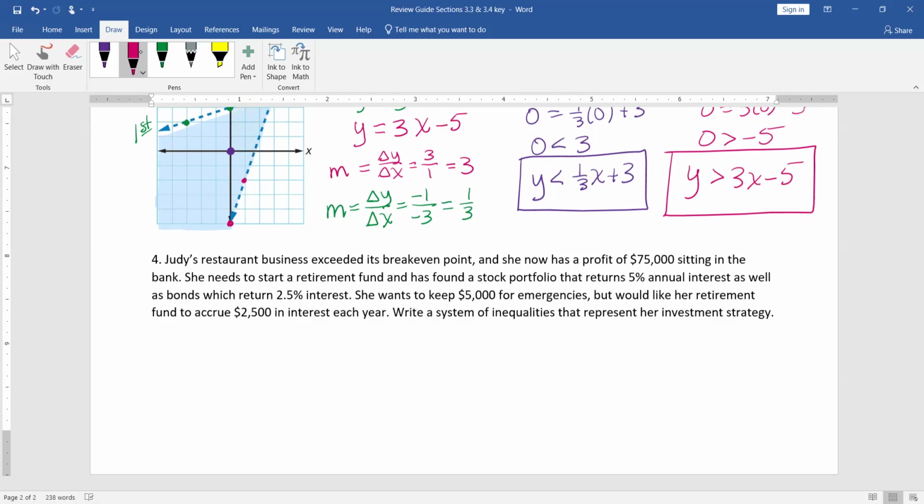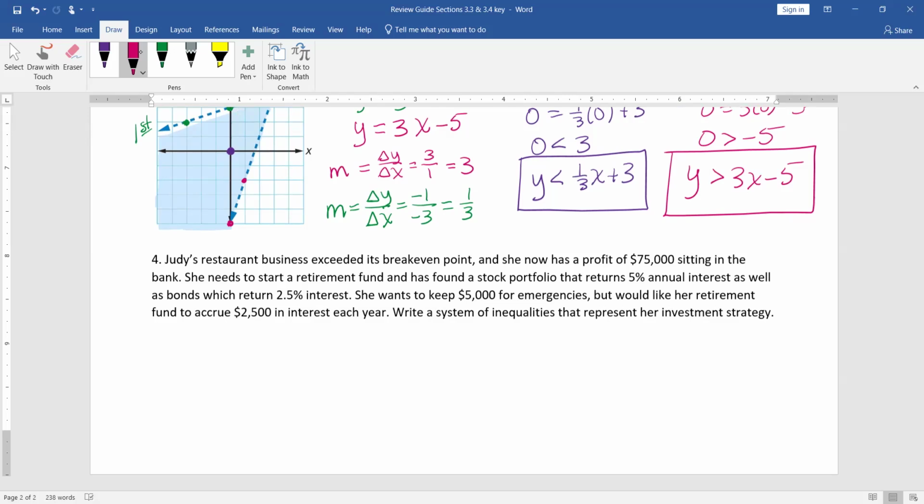She needs to start a retirement fund and has found a stock portfolio that returns 5% annual interest, as well as bonds, which return 2.5% interest. She wants to keep $5,000 for emergencies, but would like her retirement fund to accrue $2,500 in interest each year. Write a system of inequalities that represent her investment strategy.